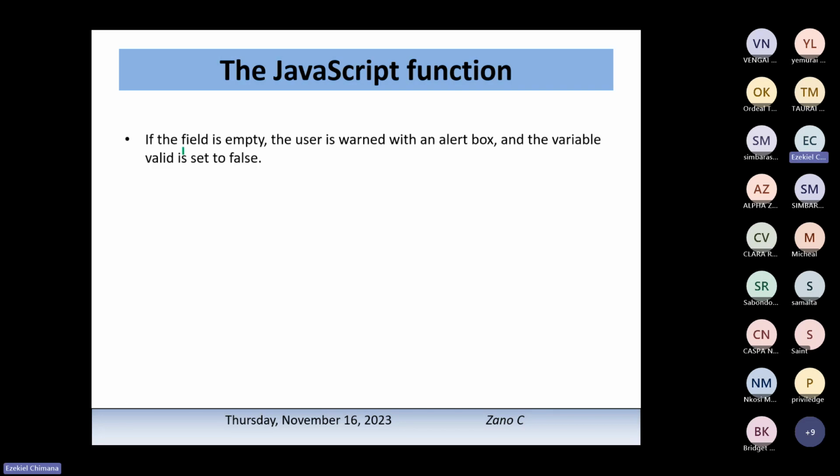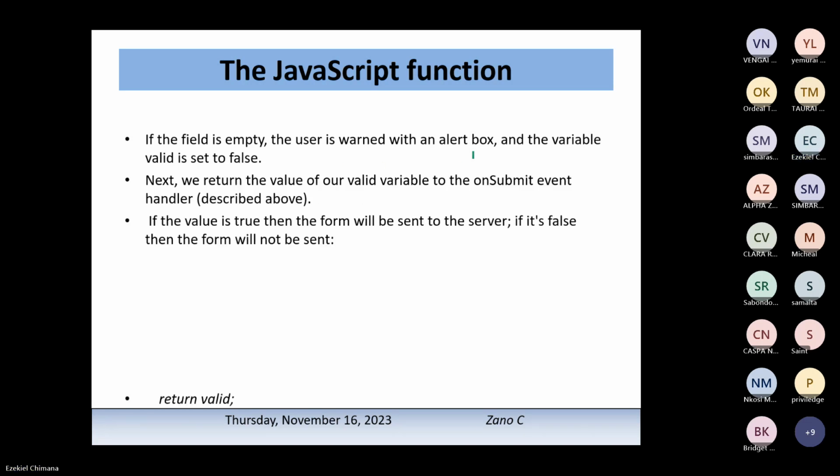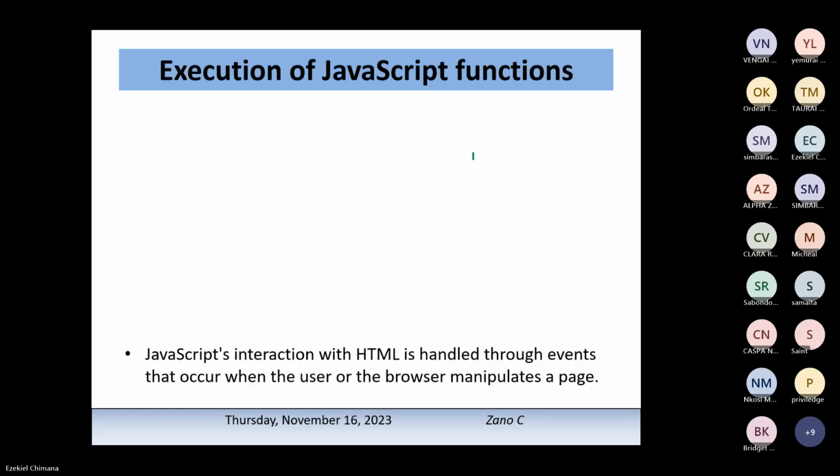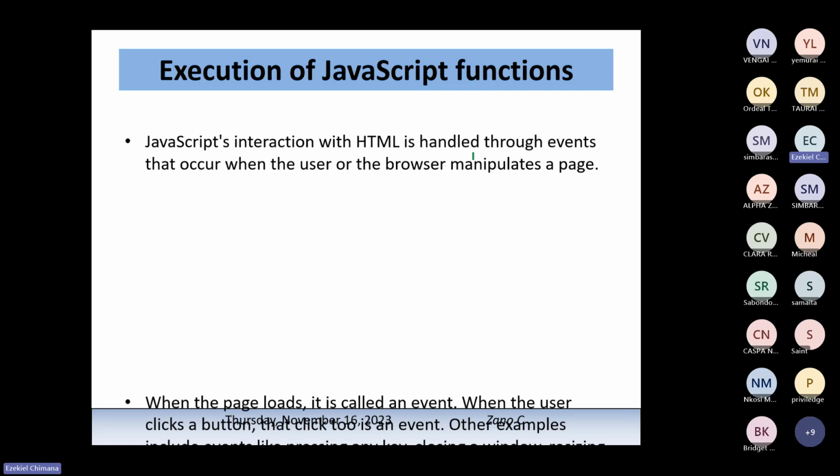I think here, if the field is empty, the user is warned with an alert box. So it will display the alert box, and then it will stop the form from actually being submitted.